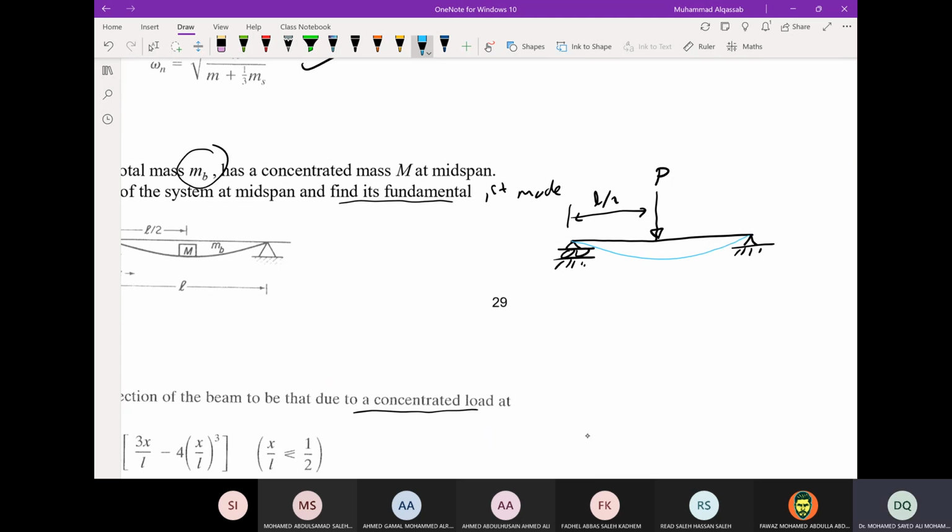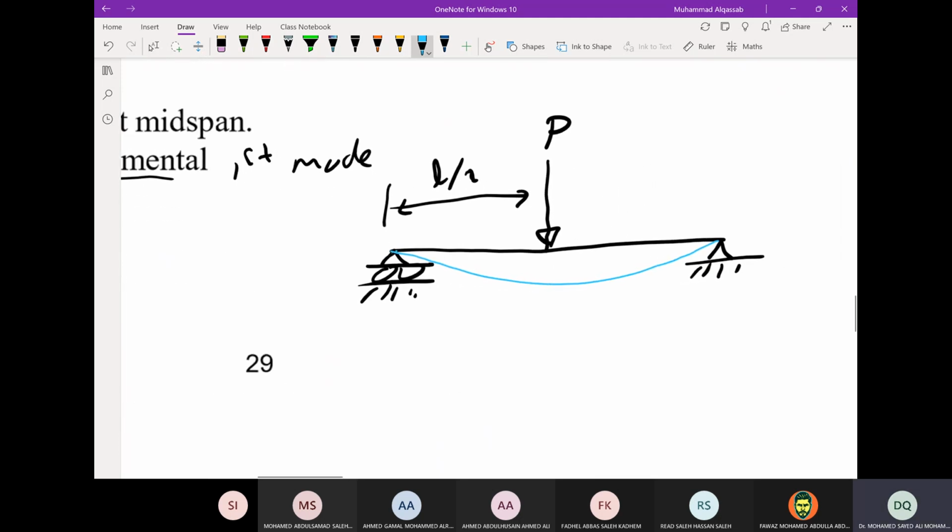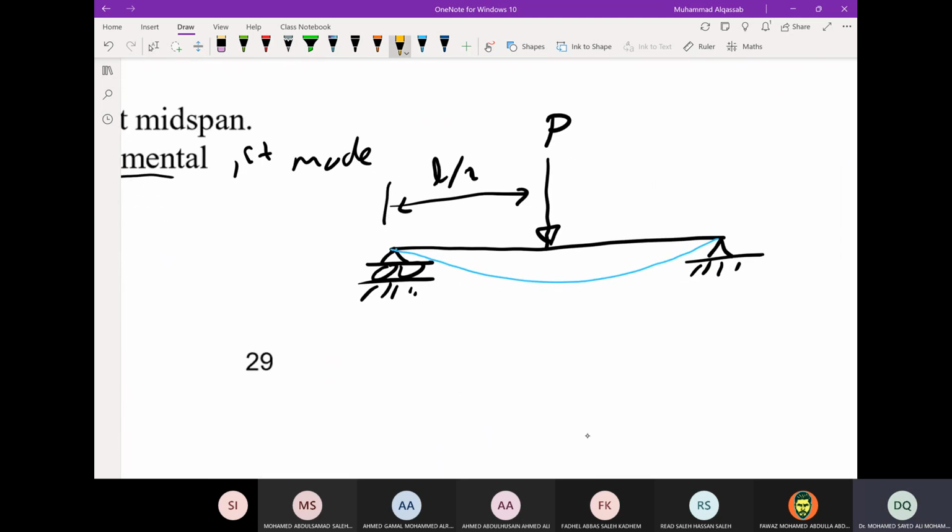We introduce a parameter X along the length of the beam, and at X there is the deflection Y. So Y is a function of X.